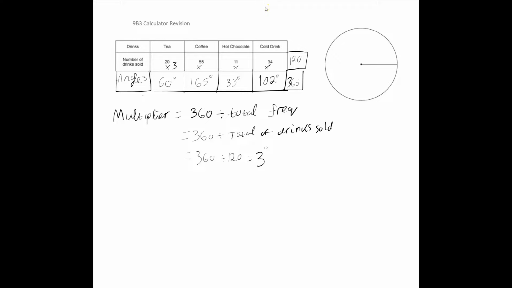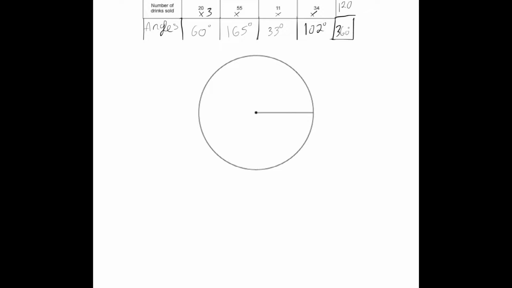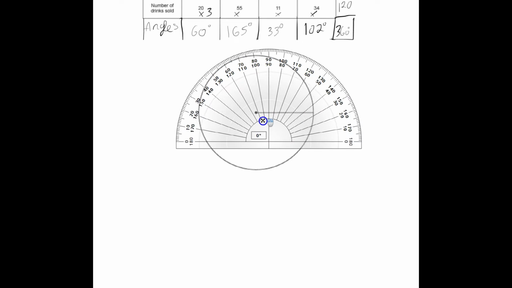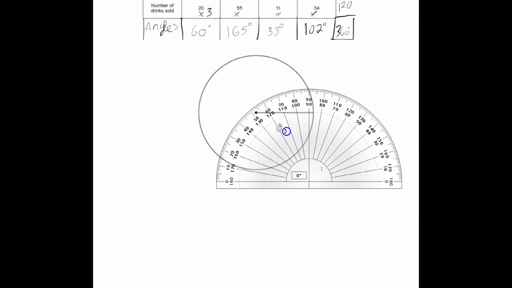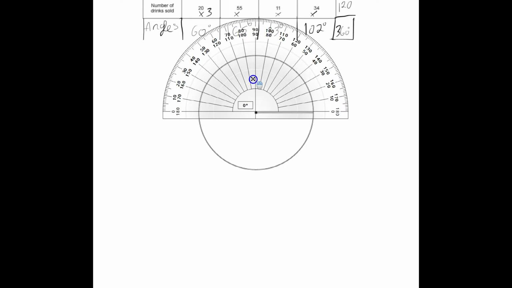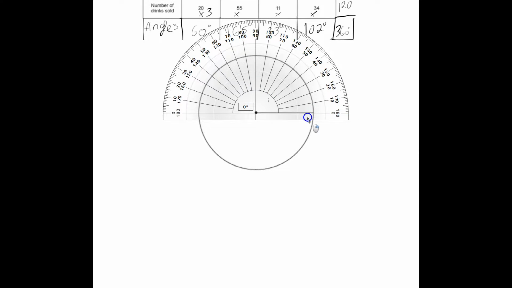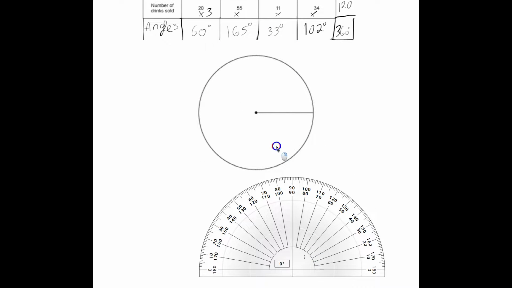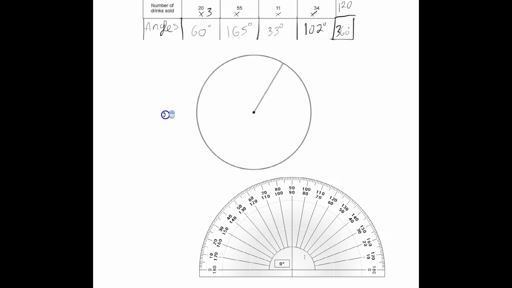To draw this on the pie chart, we can do the following. I'm going to need a protractor, like so. And firstly, I'm going to draw 60 degrees. So I line up my protractor with the line that's been given. This will usually be vertical actually, so I'll just rotate this.